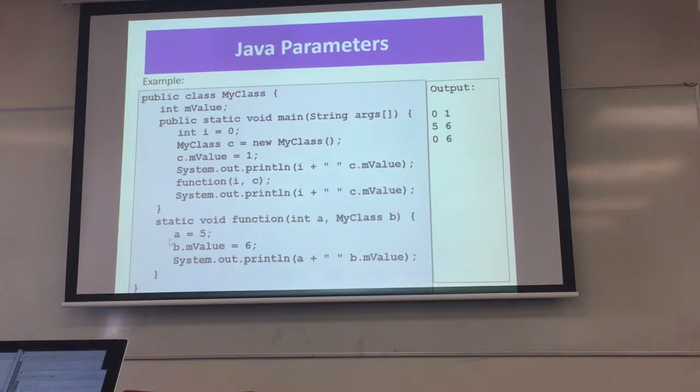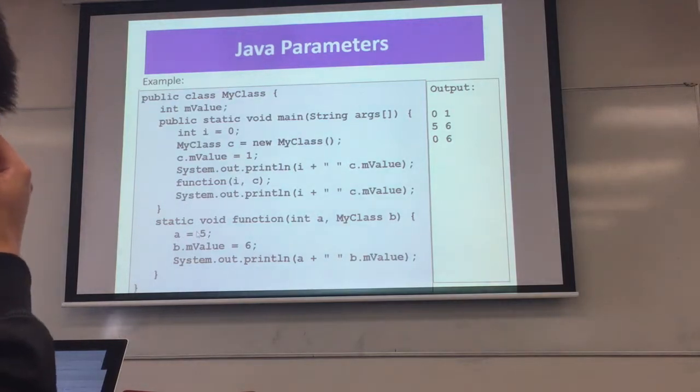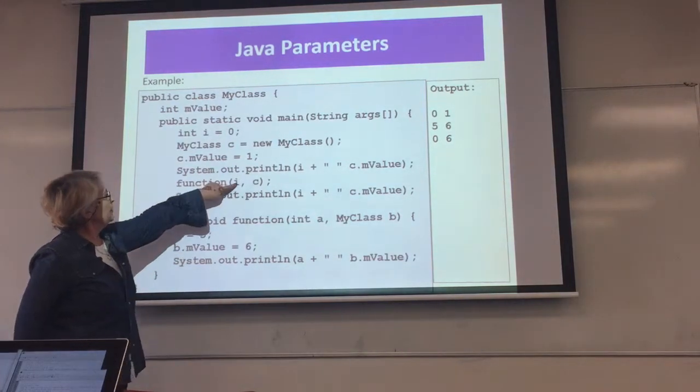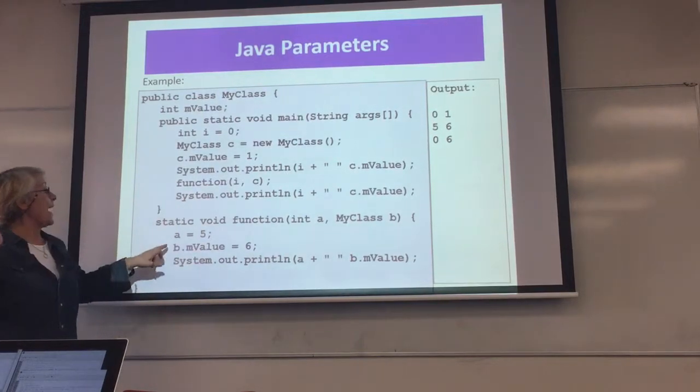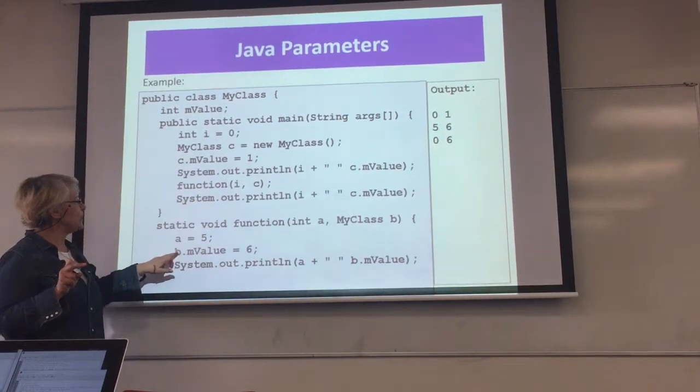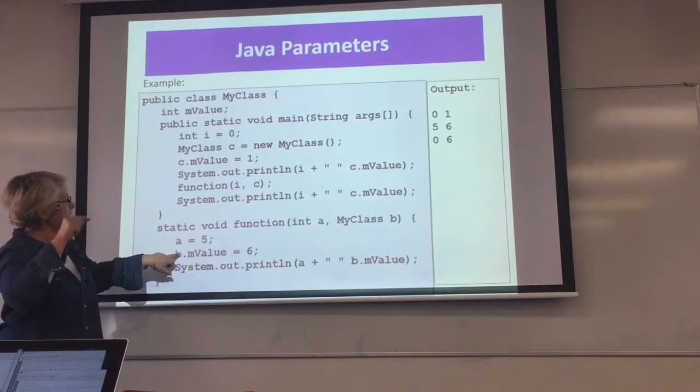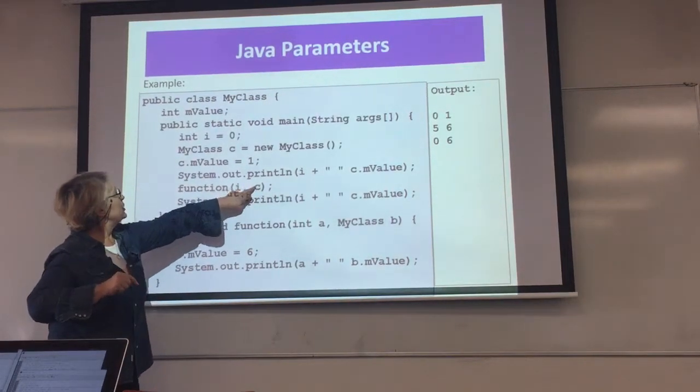A here works with a copy of whatever we use when we invoke the function, a copy of I, a local copy. While B here uses the original object, C, which is this C.